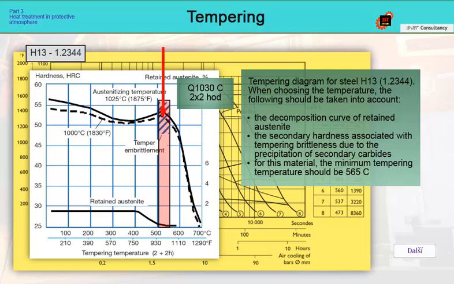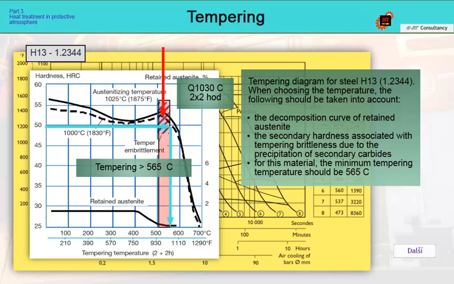In terms of mechanical properties, this region is characterized by increased brittleness and reduced ductility. For the use of steel with such a tempering diagram, this region should also be excluded. Therefore, the lowest tempering temperature should be at least 565 degrees Celsius and more.